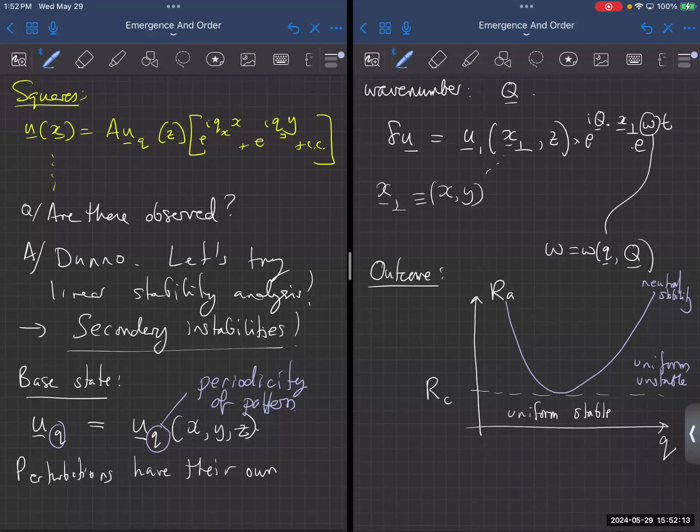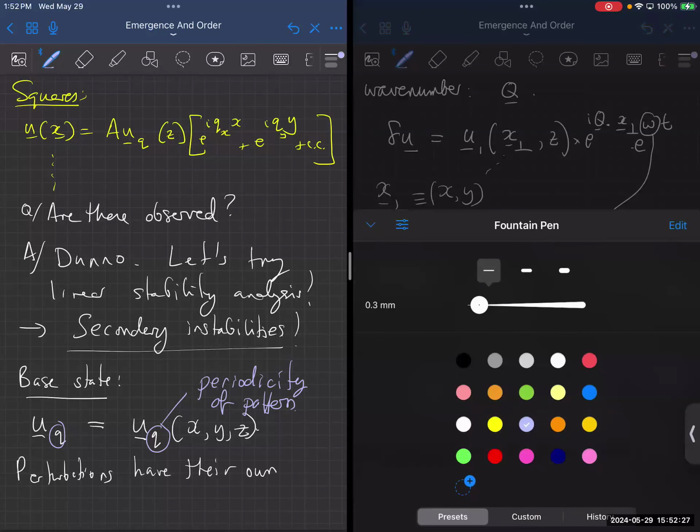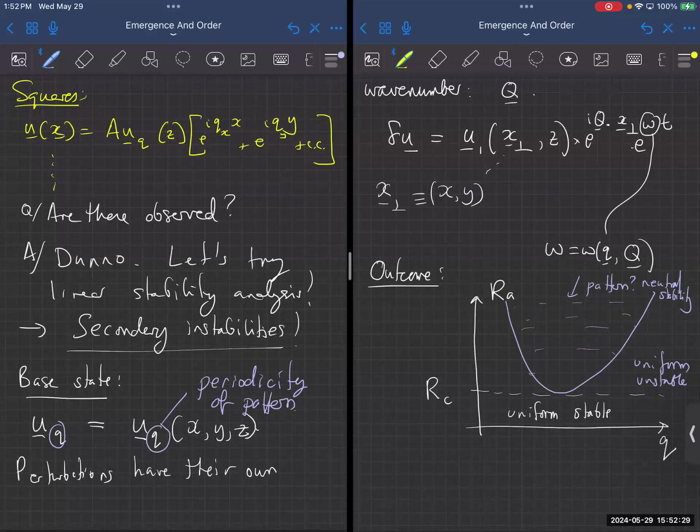And so inside this region, you would think there would be a pattern. There is, but not where you think it might be. So in this regime, this yellow one, this is where you have a stable pattern.